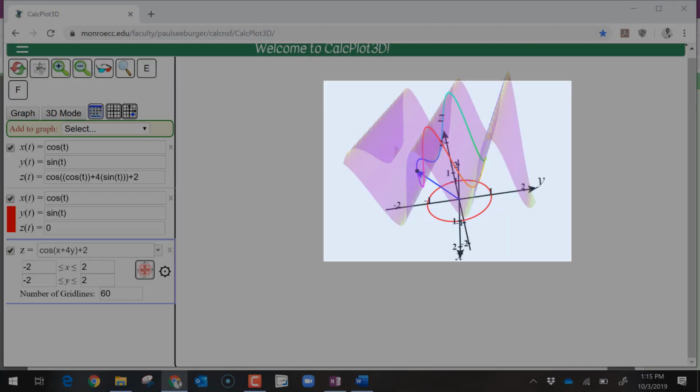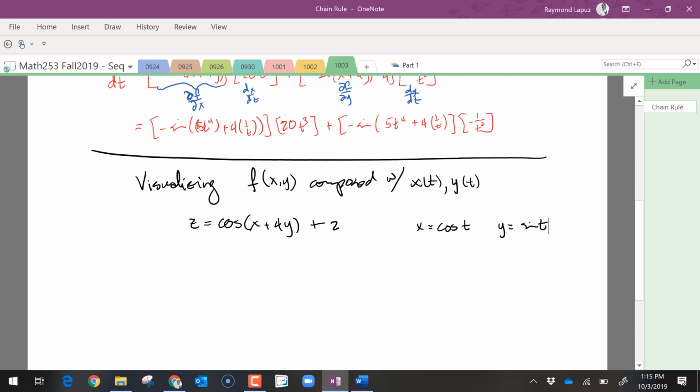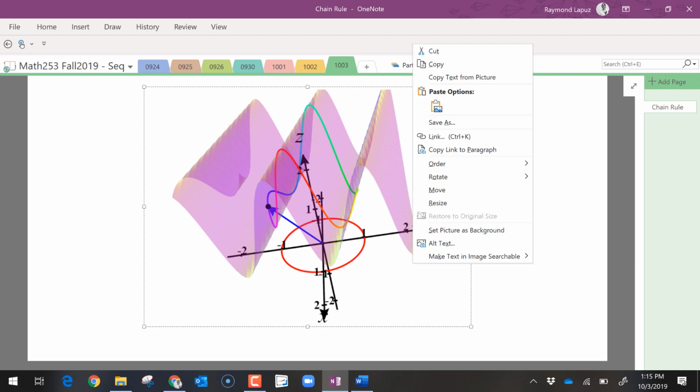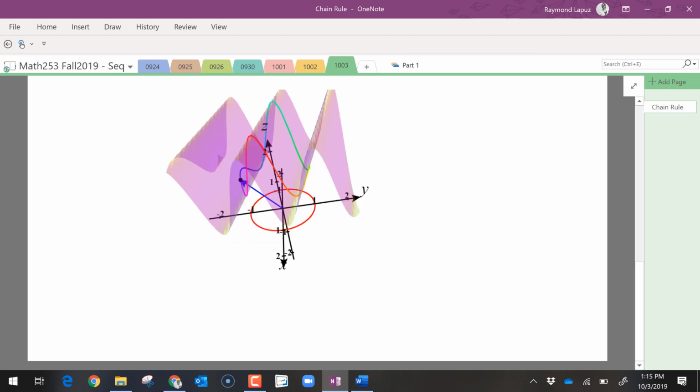I don't know if this is a good picture. I need a good viewpoint. So how would we explain this in words?